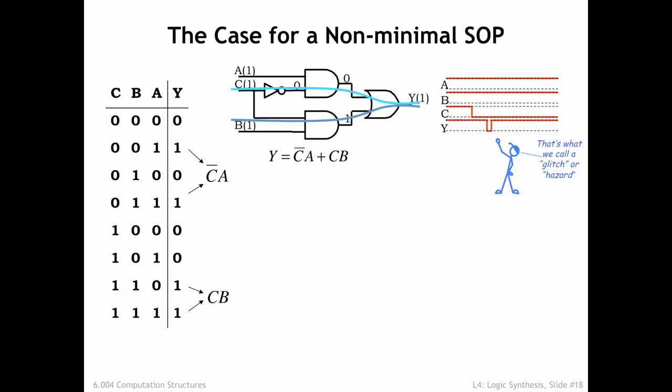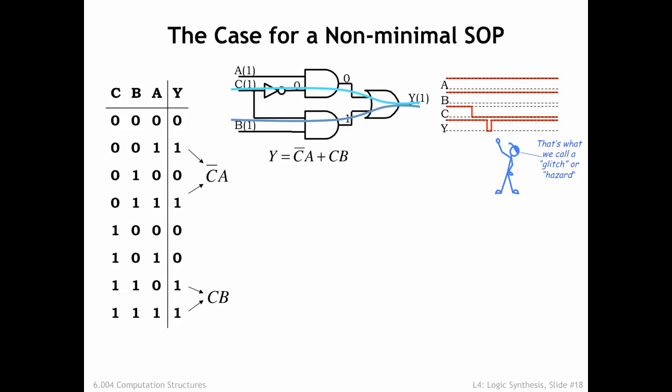When c transitions to 0, the bottom AND gate turns off and the top AND gate turns on, and eventually the y output becomes 1 again. But the turning on of the top AND gate is delayed by the tPD of the inverter. So there's a brief period of time when neither AND gate is on, and the output momentarily becomes 0.